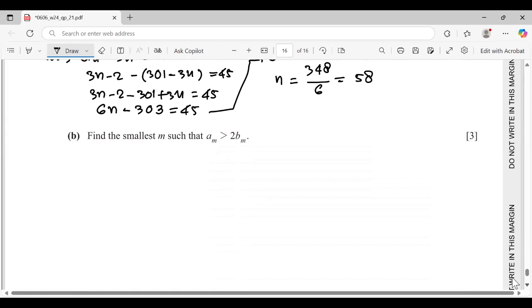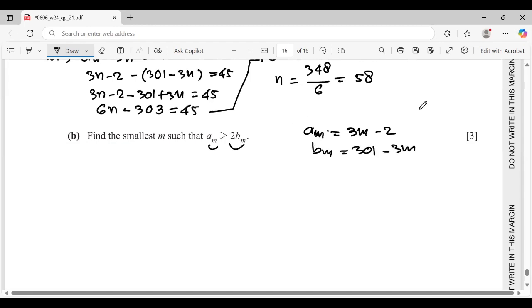Find the smallest m such that am greater than 2bm. Based on part A, am is 3m minus 2, and bm equal 301 minus 3m.